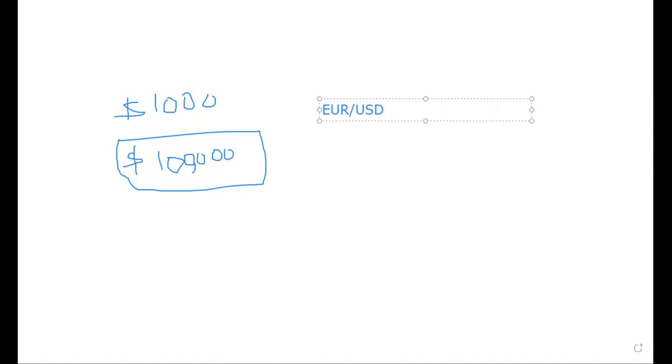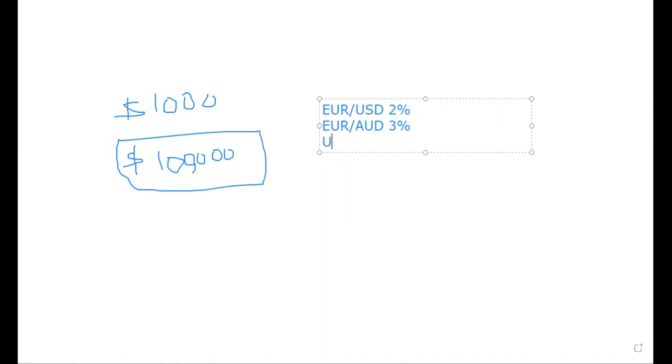For Euro USD, you have a margin of just 2%. We have Euro AUD with just a margin of 3%.